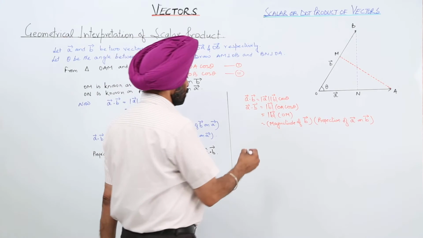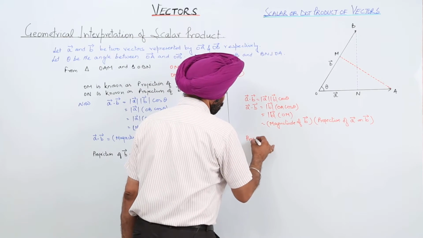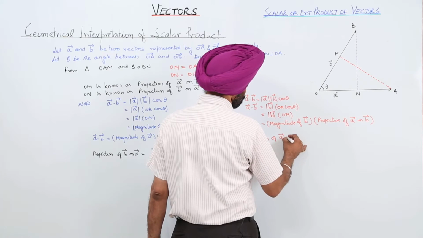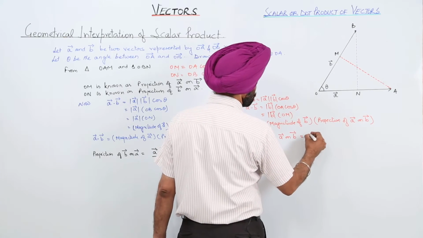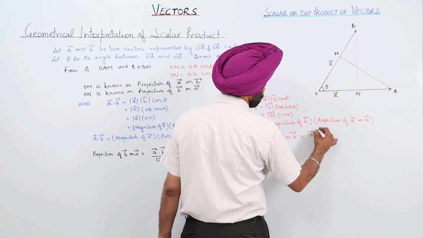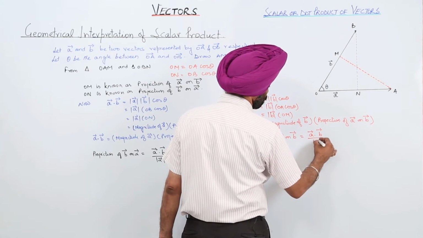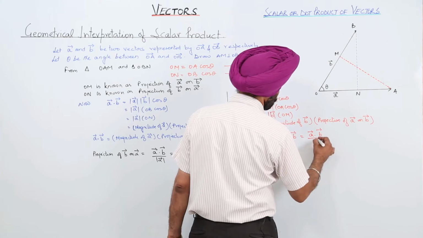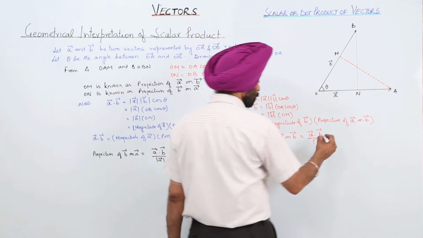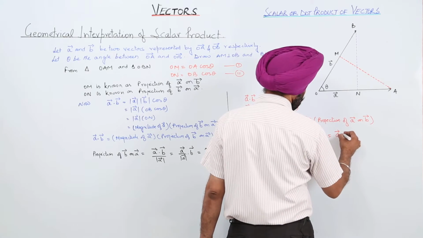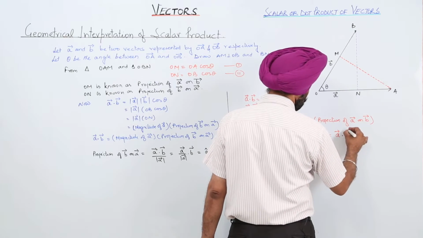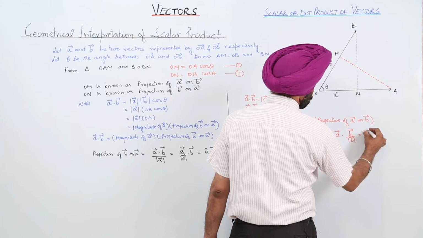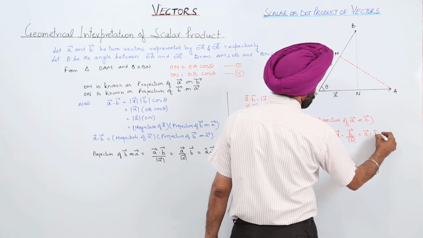Further, the projection of A on B is equal to vector A dot vector B upon magnitude of B, and this is equal to vector A dot unit vector B.